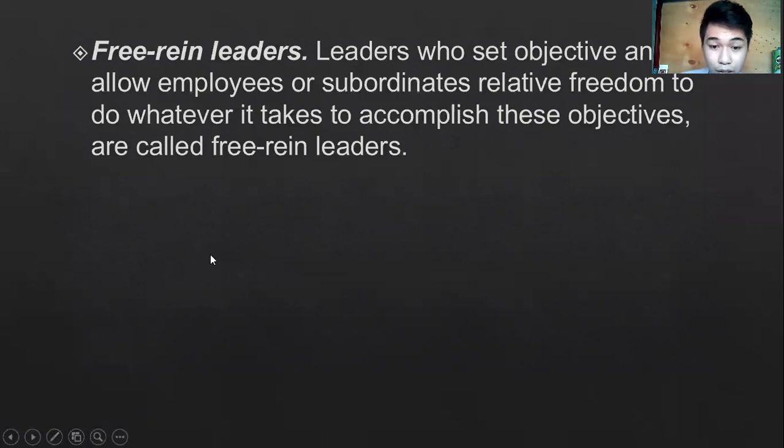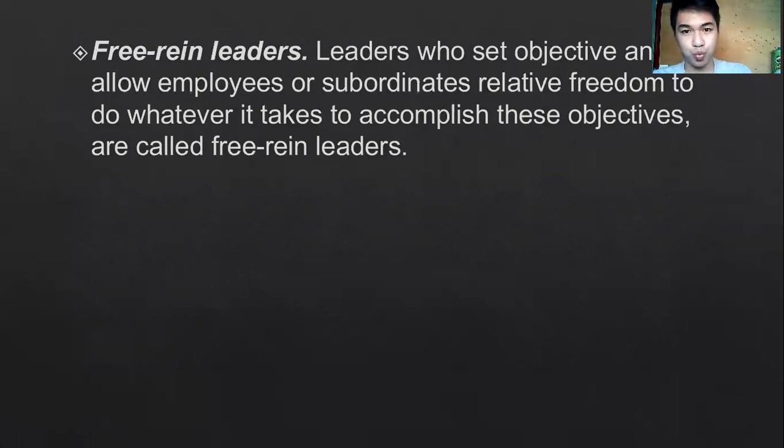The weakness of free reign leadership is that there is very little managerial control and a high degree of risk. If the leader does not know well the competence and integrity of his people and their ability to handle this kind of freedom, the result would be disastrous.